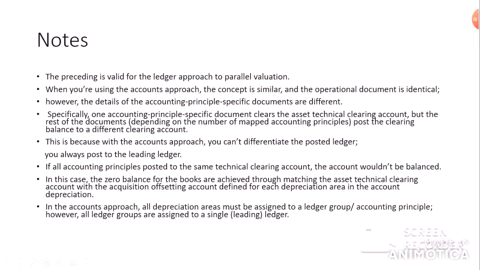In the accounts approach, all depreciation areas must be assigned to a ledger group or accounting principle. However, all ledger groups are assigned to a single ledger. At last, all the ledgers are assigned to a single ledger.